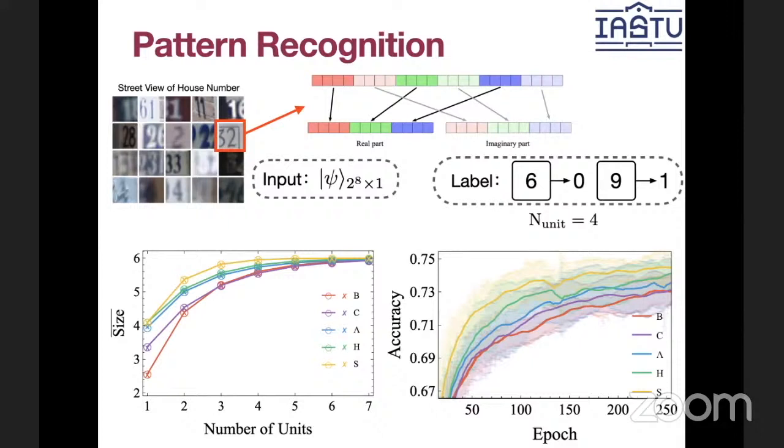Similarly, we can see that during training the accuracy grows the farthest for the yellow one, then the hyperbolic and lambda structures, and the brick wall structure grows the slowest. So from these two tasks, we can see that the learning efficiency has a positive relation with the information scrambling ability of the quantum neural network.